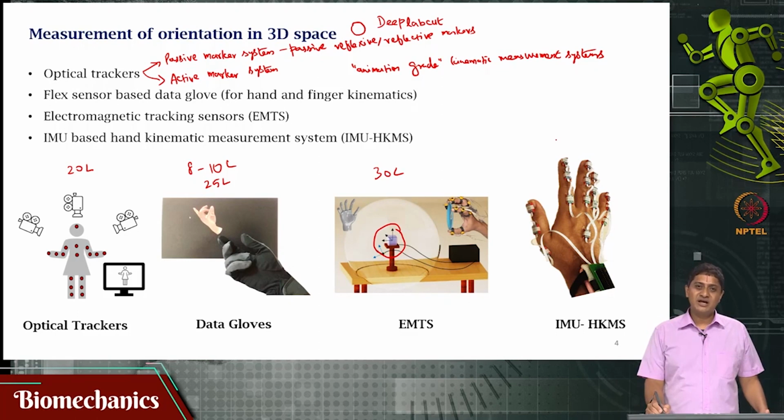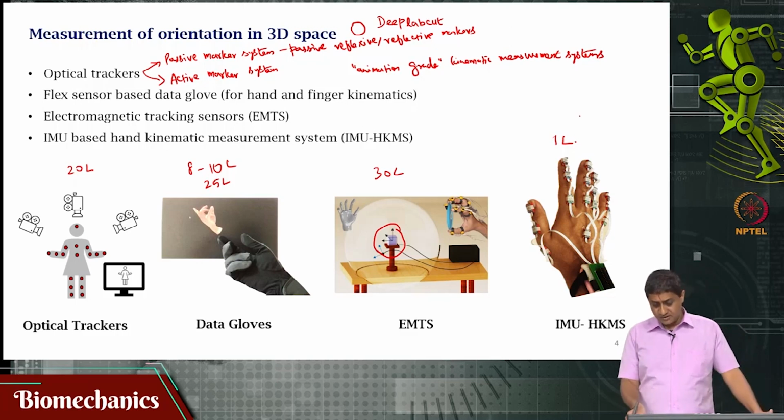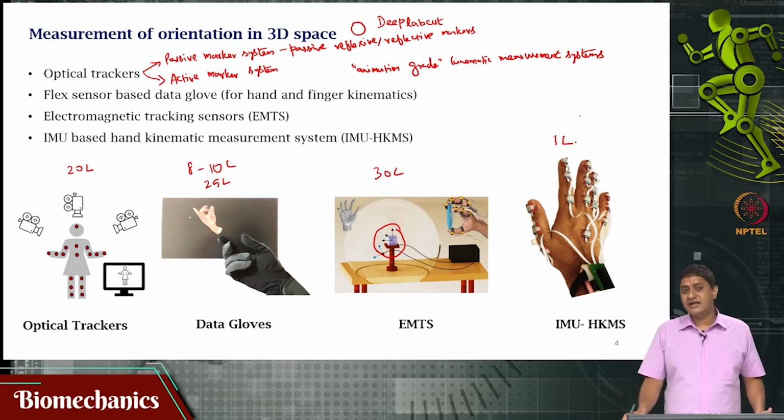This one we have made in our lab. The manufacturing cost, not the cost at which we are selling this, comes to about 1.25 lakhs. Of course, you will say that you are not going to get the accuracy that you get with the optical system. Of course not.